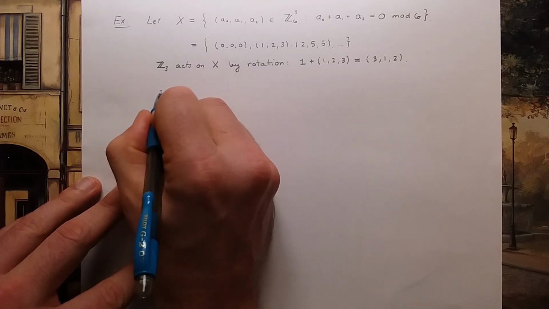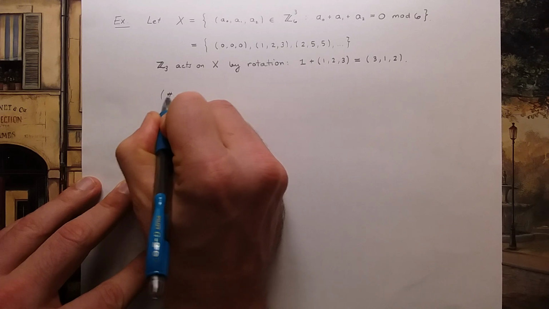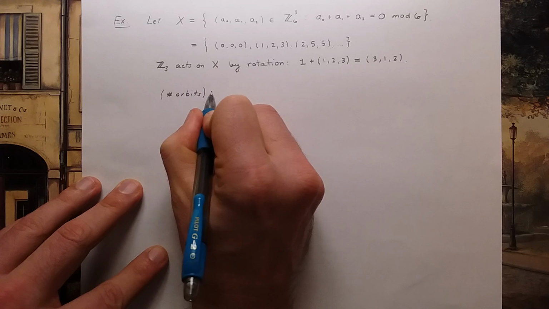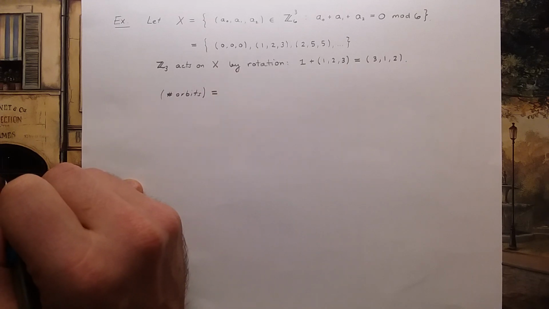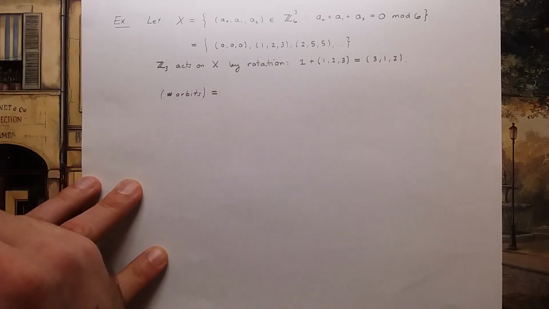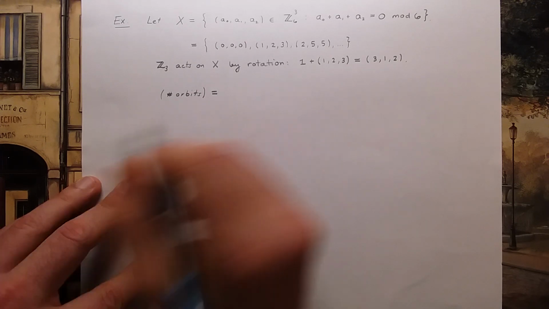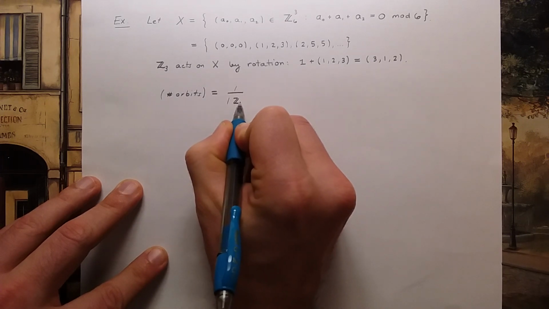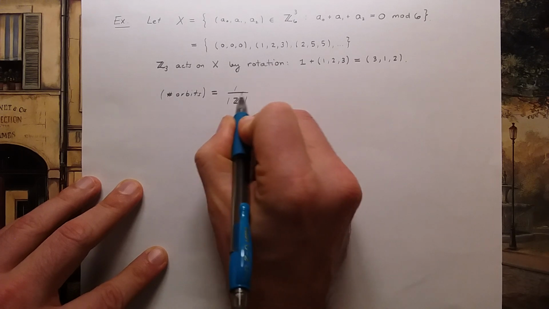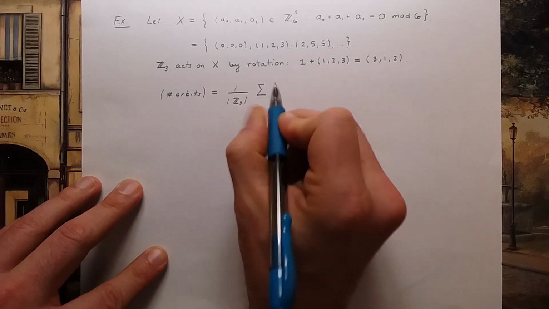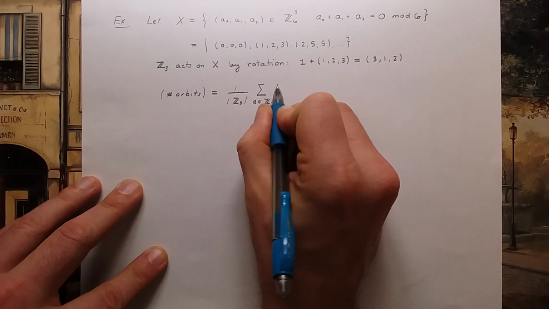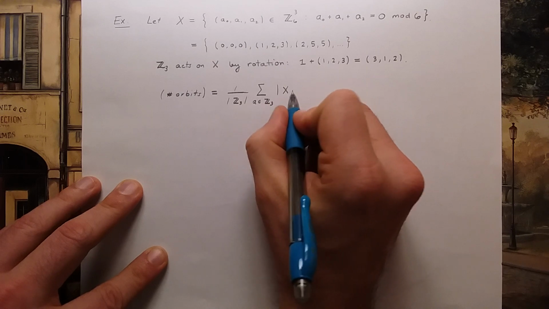Burnside's lemma tells us the number of orbits. This is where we ended last quarter. We did a lot of examples with Burnside's lemma, counting the number of K colorings of the vertices of a cube or something like that. But in this case, the number of orbits is 1 over the size of the group, 1 over the size of Z3, times the sum over all elements in Z3, where I look at these sets.